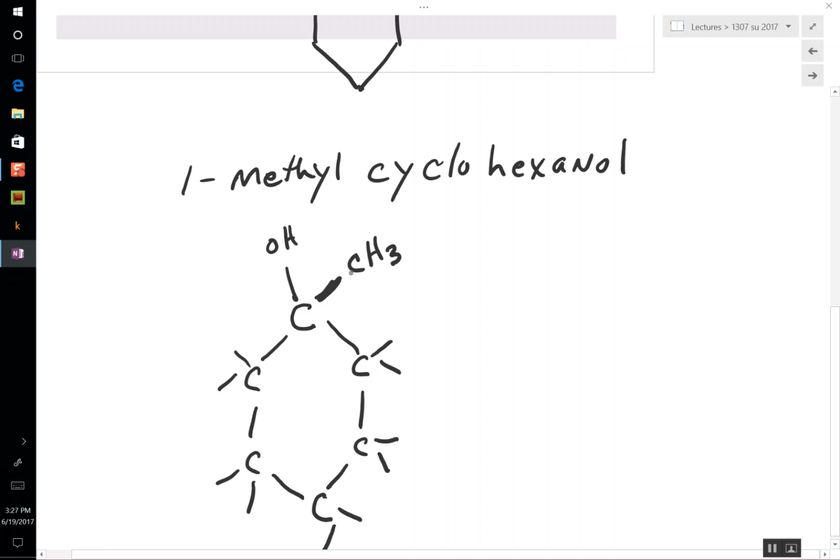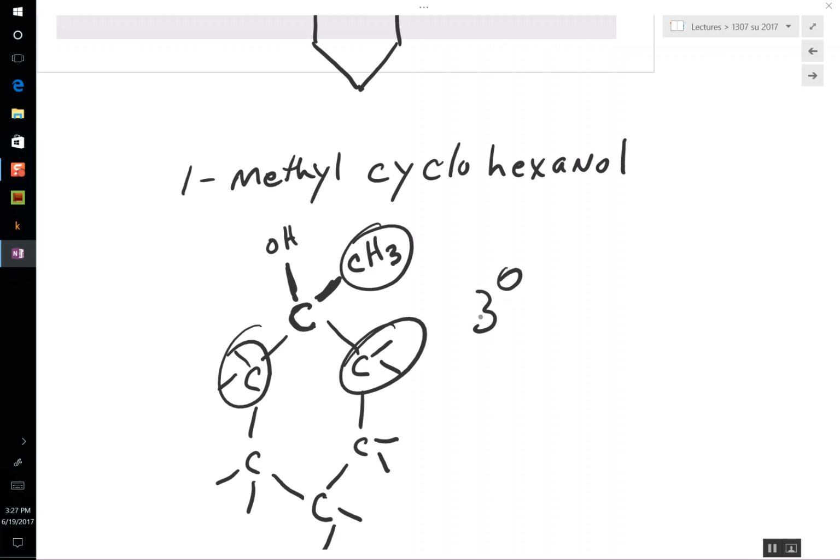What class of an alcohol would that be? Here is the carbon that has the OH. How many carbons are attached to that carbon? 3. So that's a tertiary alcohol. So you have to look at the molecule and ask that question: how many carbons are attached to this carbon that's holding the OH group?